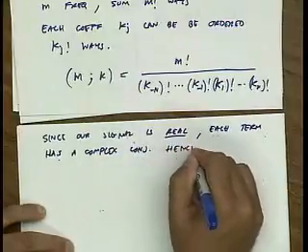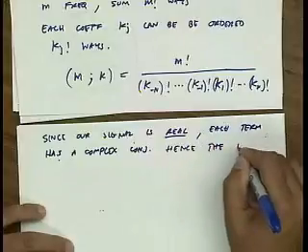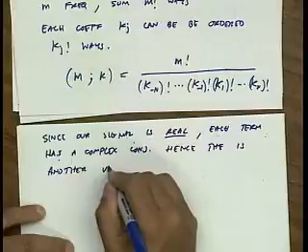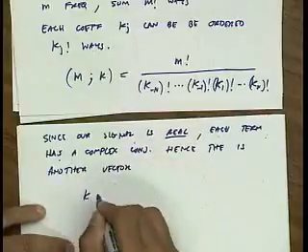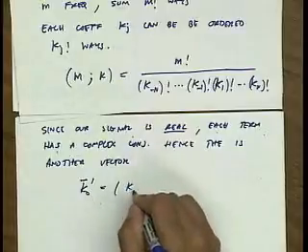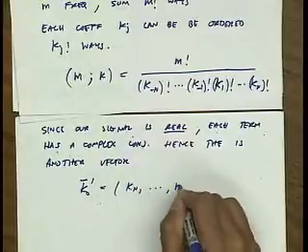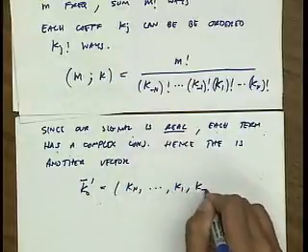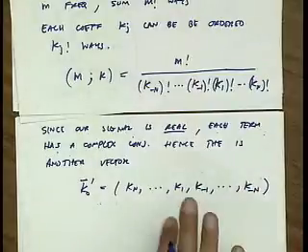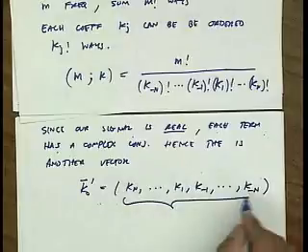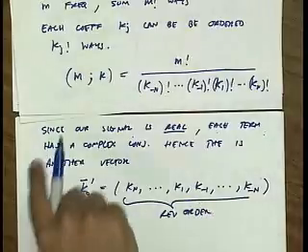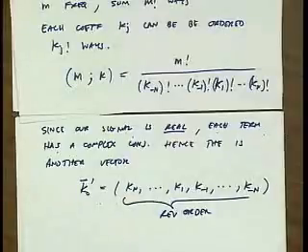So hence, there is another vector, let's say k0 prime, that looks like kn, k1, k minus 1, k minus n. In other words, it's flipped around, because the positive frequencies become the negative and the negative become the positive.